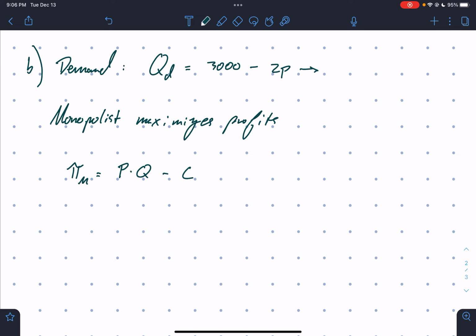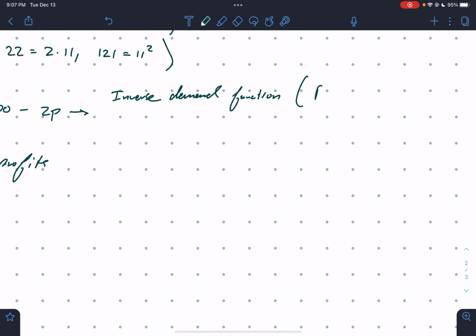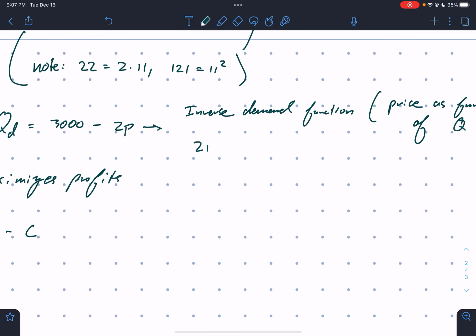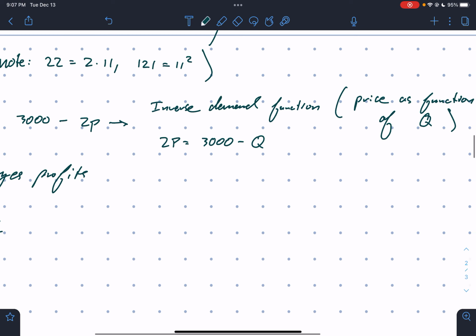So what I'm going to do here is I'm going to find the inverse demand function. So this is price as a function of Q, instead of Q as a function of P. So this means I'm going to have 2P is equal to 3,000 minus Q. What I'm doing is I'm just rearranging this to solve for P as a function of Q. That's all I'm doing when I say I'm finding the inverse.